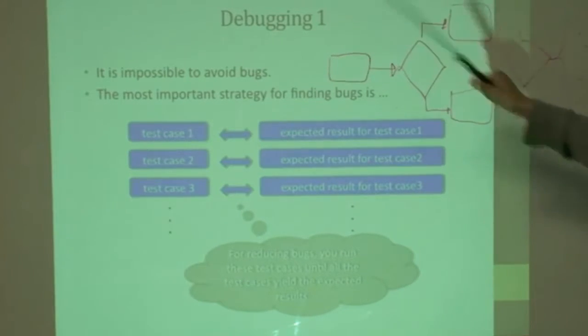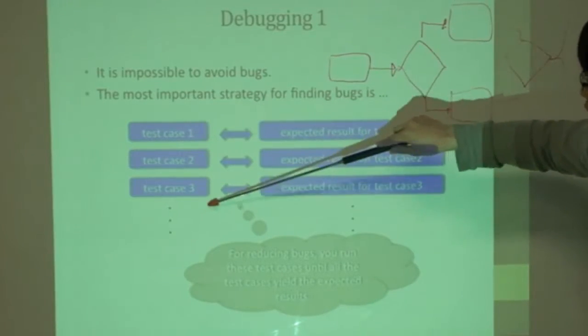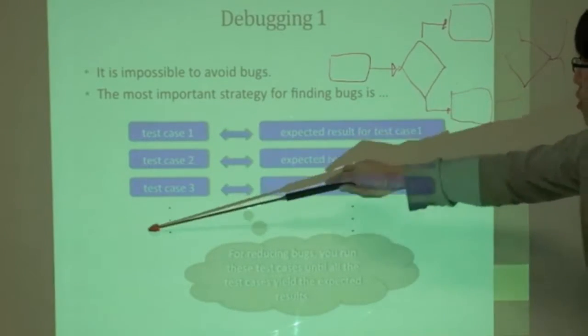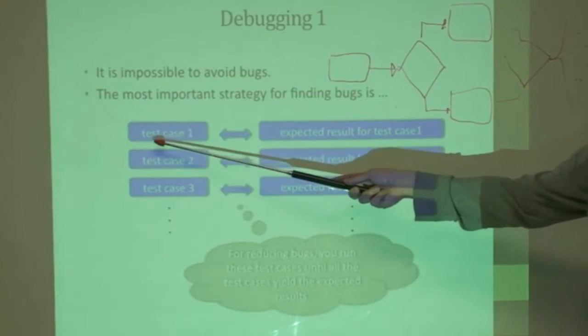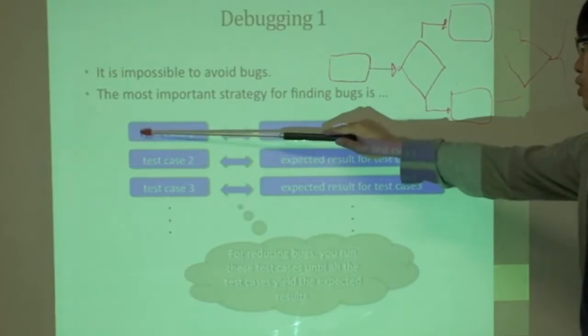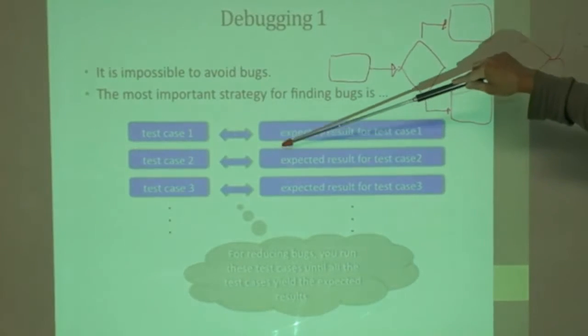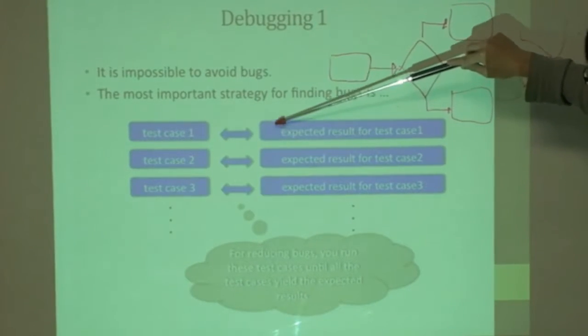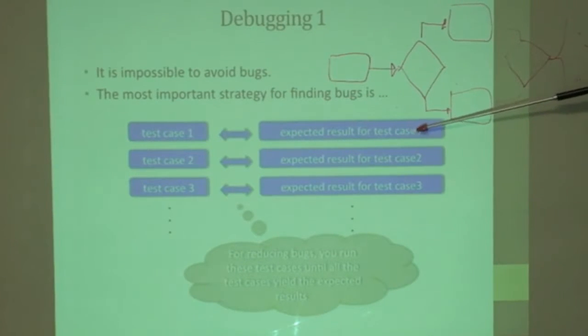So, what is a test case? You separate the program into test cases, and you can obtain some output from test case 1. On the other hand, you know the expected results for test case 1.